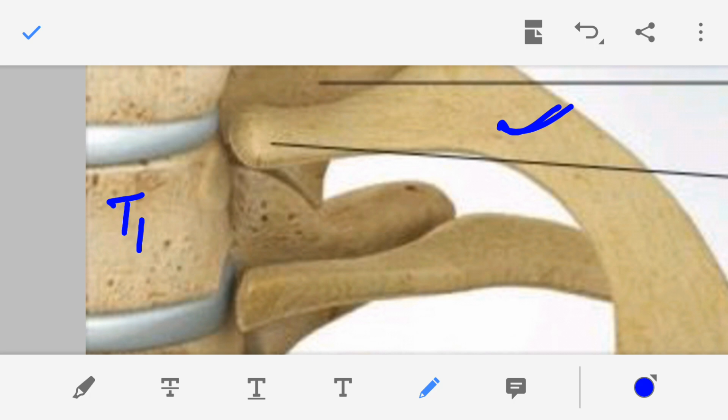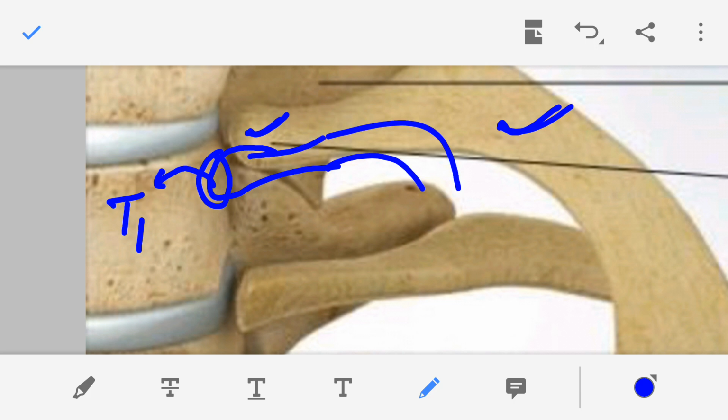So when we fit, this one is the facet of the T1 vertebra. When we are fitting, this head will fit into this. Okay, so this is rib number 1, and the head is fitting into the facet of T1.